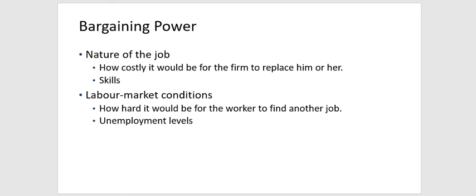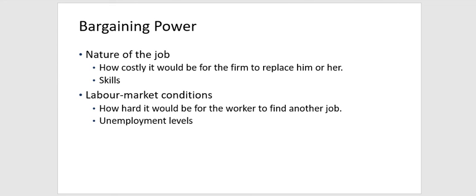So the nature of the job, that is, how costly will it be to replace the worker? The costlier it is to replace the worker, the higher the bargaining power. For instance, replacing a McDonald's worker is not costly. There's less time required to teach the skill of a person who works at McDonald's, and the number of applicants willing to fill the job is very high.